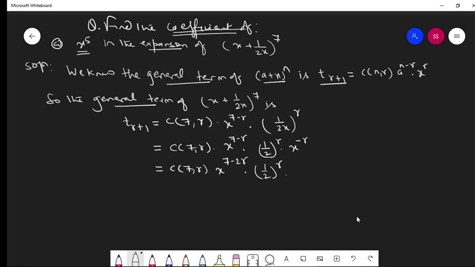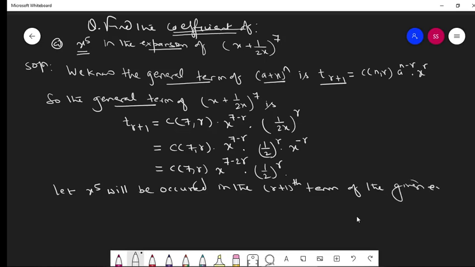So to find that we need r. Suppose x to the power 5 occurs in the (r+1)th term of the given expression.